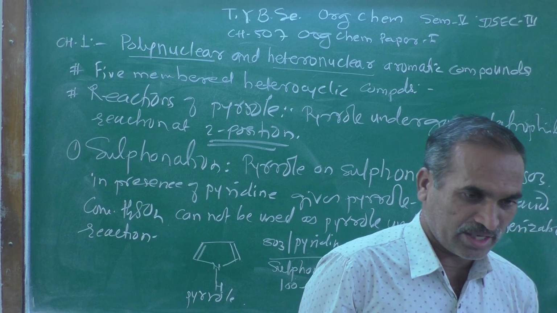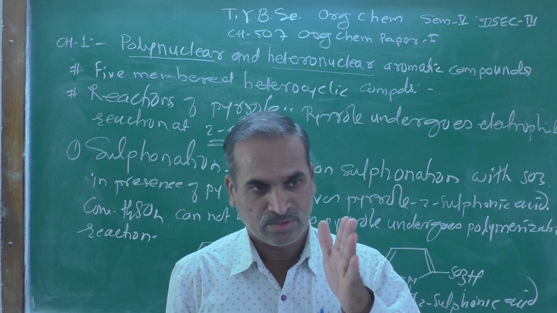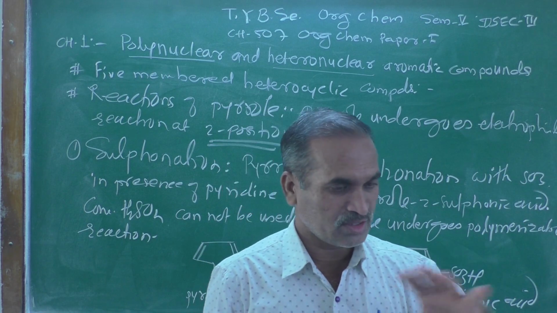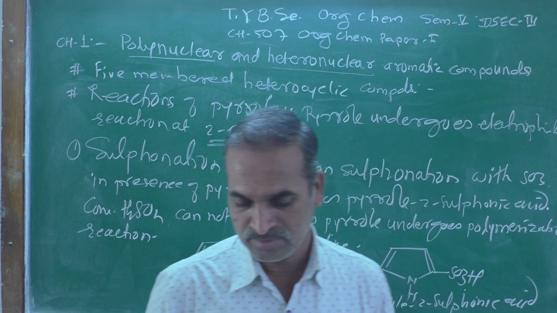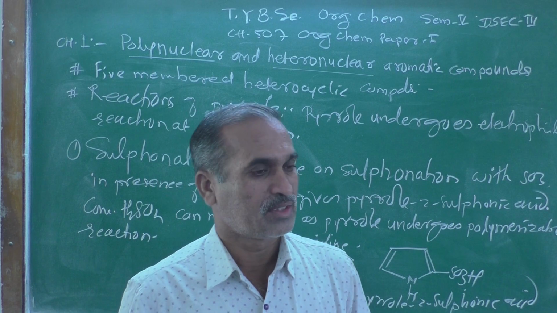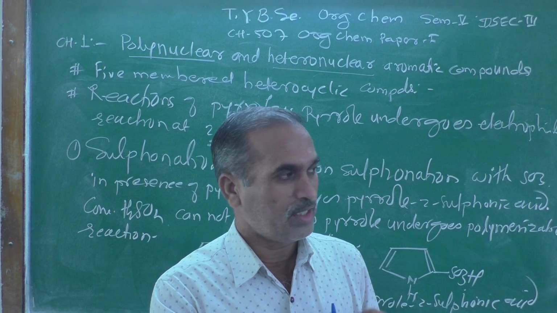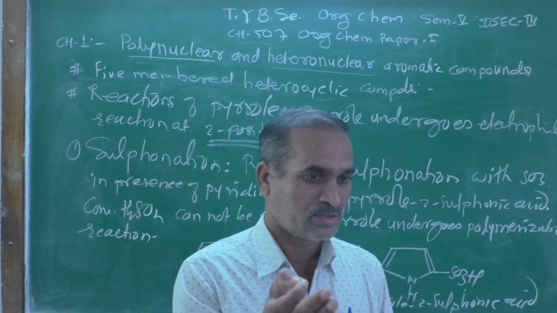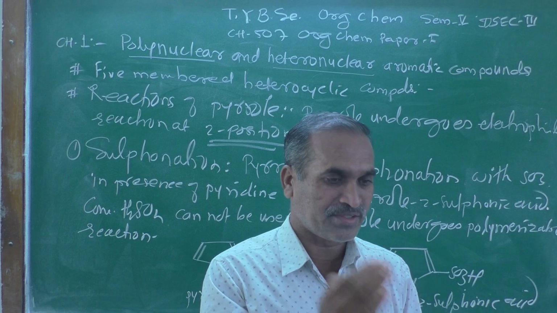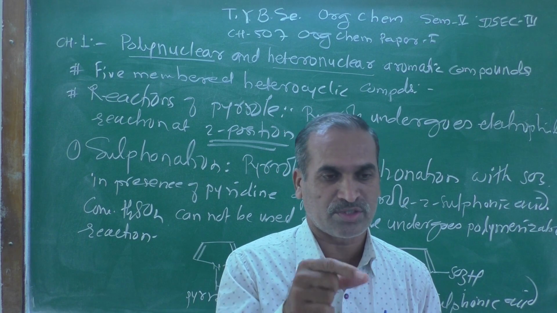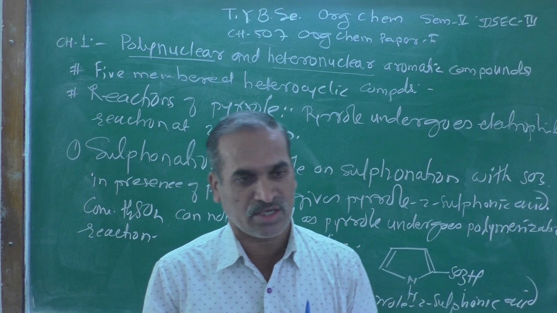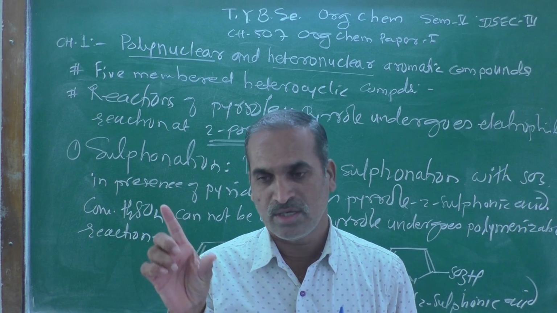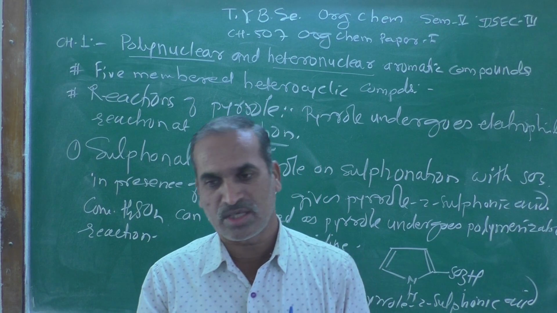The reason behind it: we had drawn the resonating structures, considering electrophilic substitution at the 2 position as well as the 3 position, and we have drawn the canonical or resonating structures.